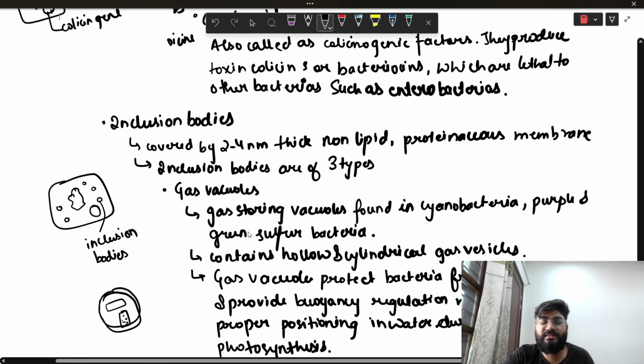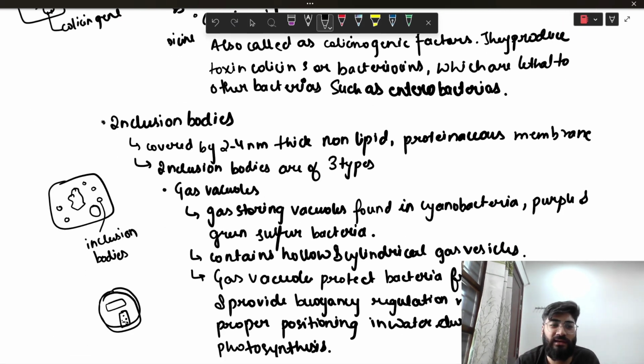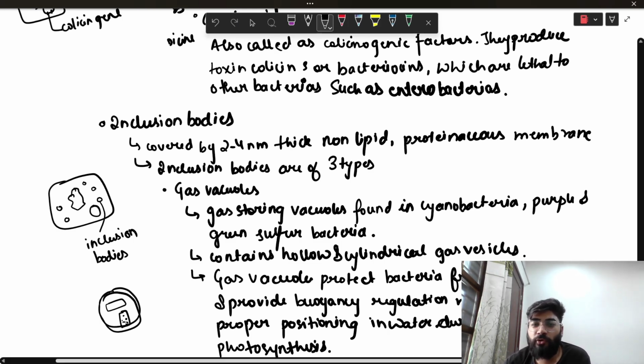Then we are going to talk about the second organelle that we have here. It is inclusion bodies, covered by a 2 to 4 nanometer thick non-lipid proteinaceous membrane. One of the questions I get from my students is: sir, you have already told us that prokaryotes do not have membrane-bound organelles, but here we have inclusion bodies that do have a membrane. The membrane we mean when we say prokaryotes lack membrane-bound organelles is the phospholipid bilayer membrane, but this is a very different membrane.